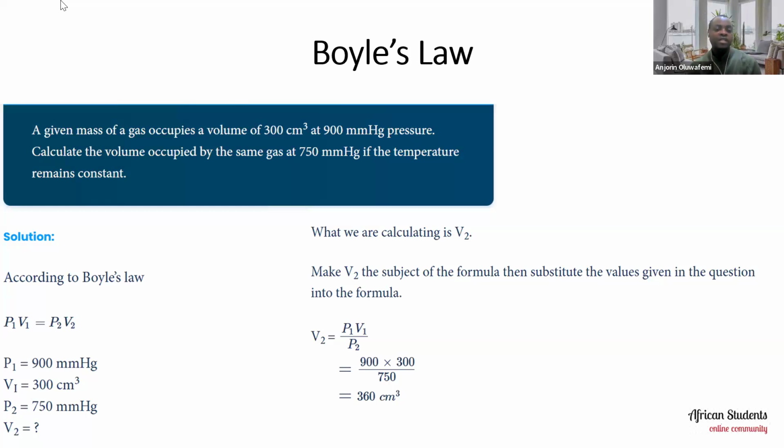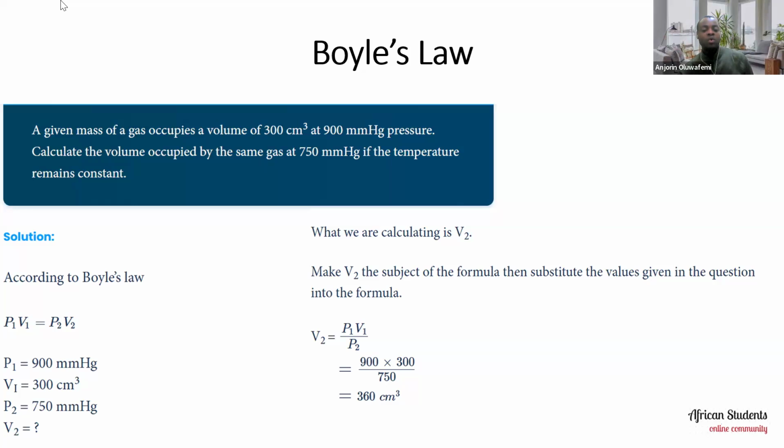And we have been given certain values, like the initial pressure was given to us as 900 mm Hg, that's millimeter mercury, and then the initial volume was also given to us. The final pressure was given, but we were not given the final volume. So we are looking for the final volume V2.